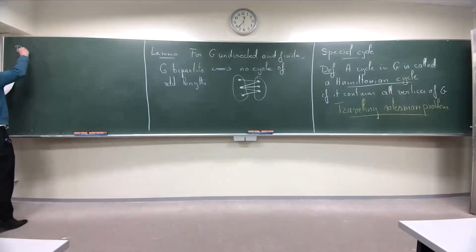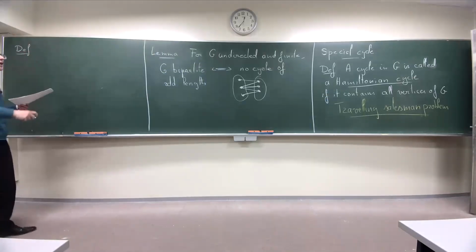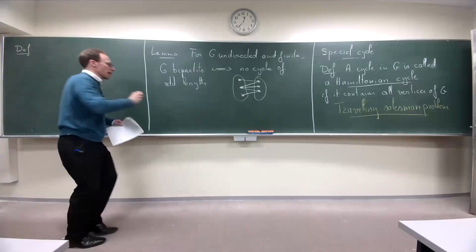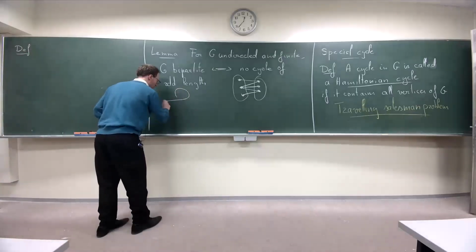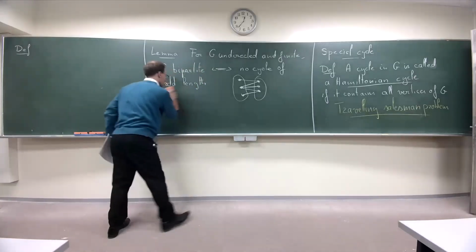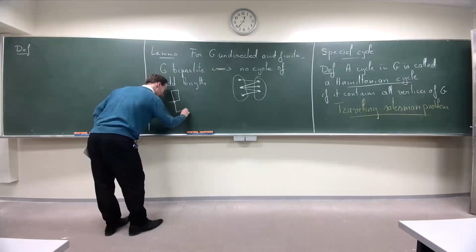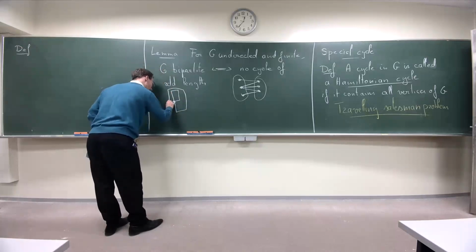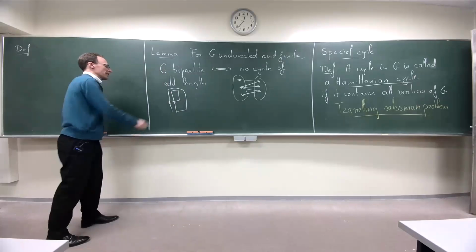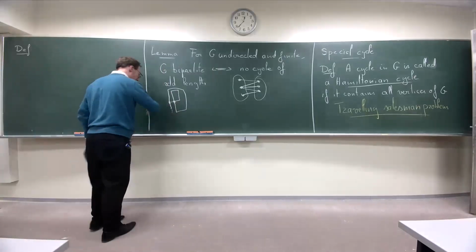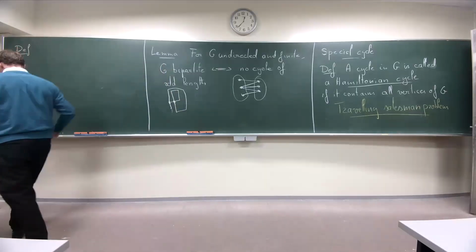And the second definition, it's not for a path, it's for a trail. Remember, a trail, you are allowed to go 2 times through the same vertex, but you are not supposed to go 2 times through the same edge.